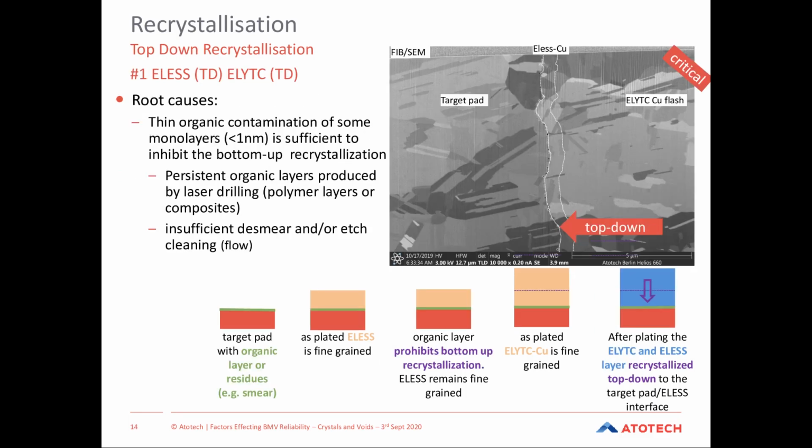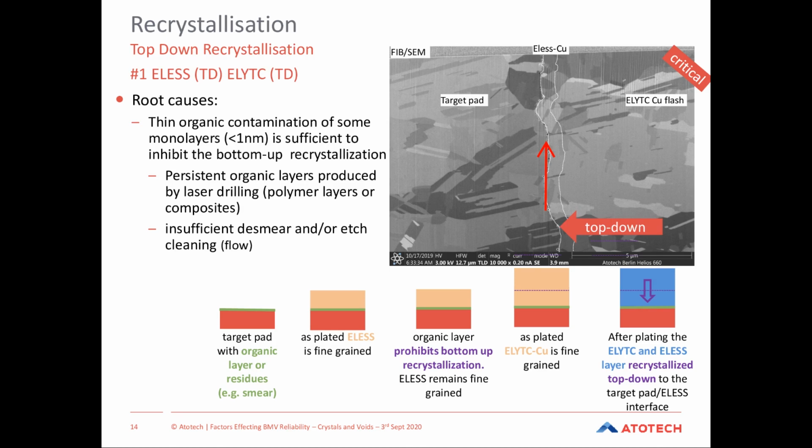If we now look at a total top-down system, here the dislocation pattern occurs between the target pad and the electroless copper, so essentially at this area. In order for this to occur, there are a couple of mechanisms, but the easiest one is a physical barrier on the target pad which stops the diffusion front passing through into the electroless.